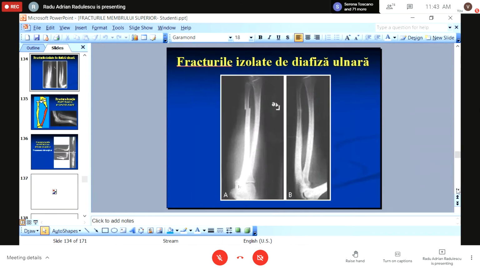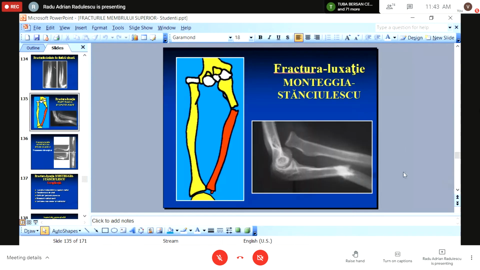The same thing may happen at the diaphysis of the ulna. We may get isolated fractures of the ulna, like we can see here, or it may be accompanied by a dislocation of the radial head, and this one is called the fracture dislocation described by Monteggia.